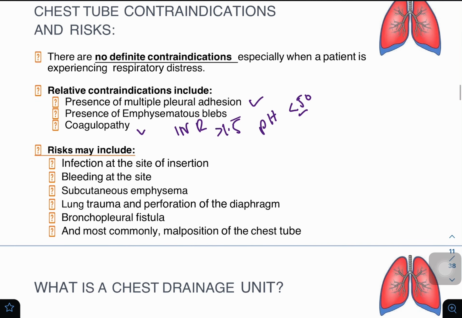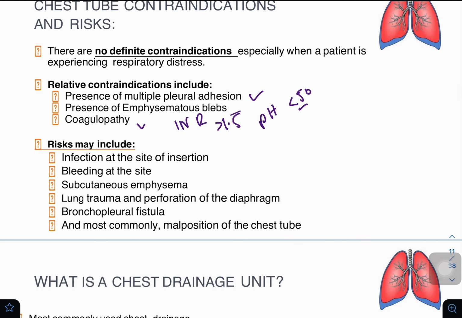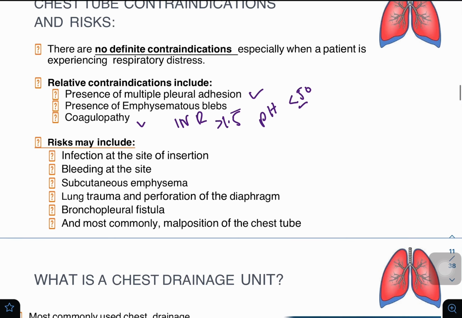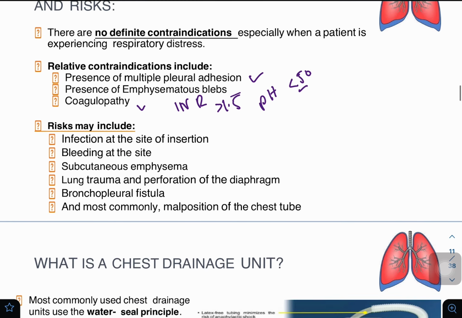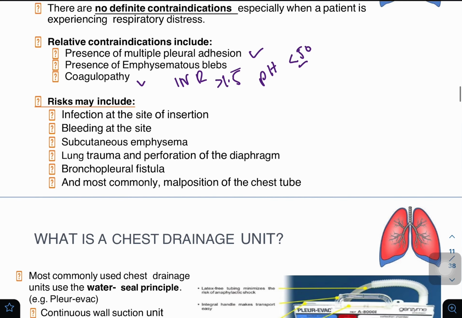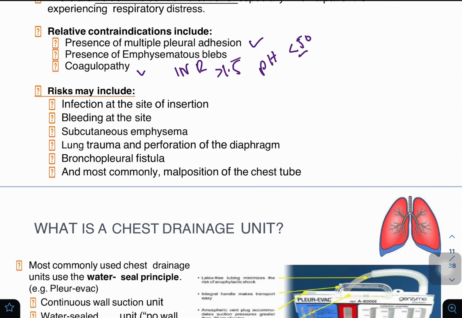If the patient is on anticoagulation or antiplatelets, we need to hold them before proceeding. But it all depends upon how important and how urgent the chest drain is.